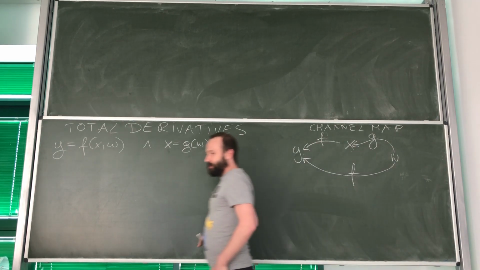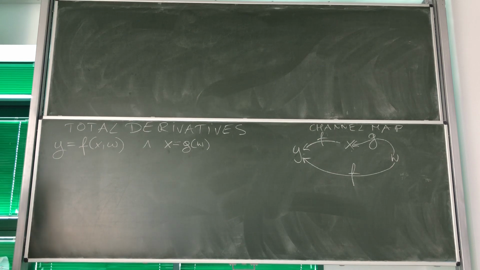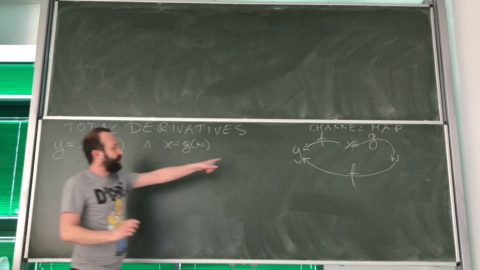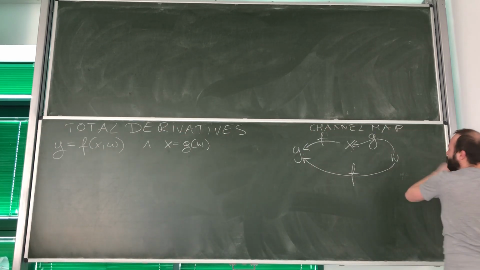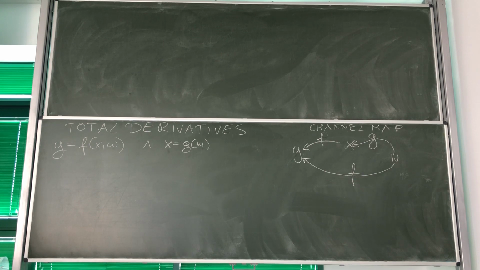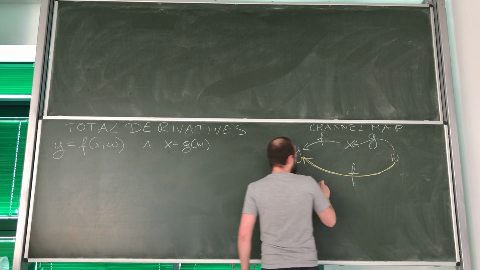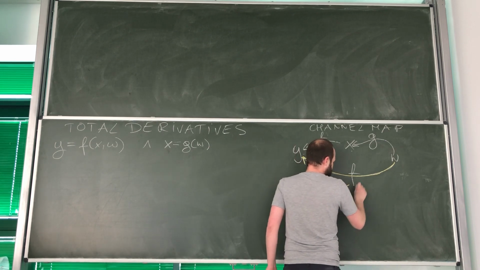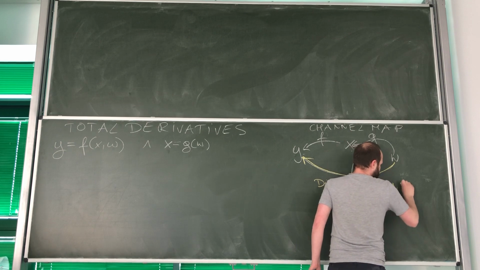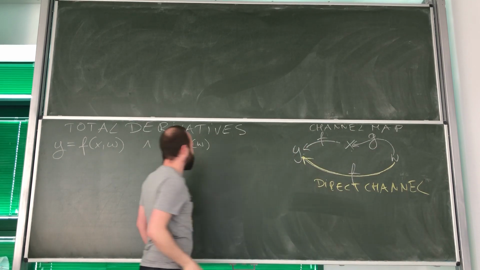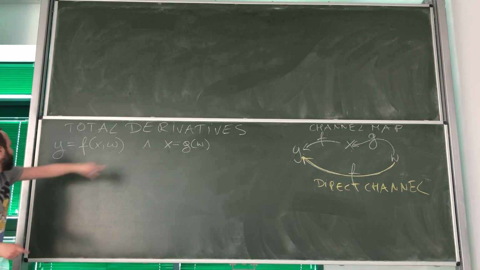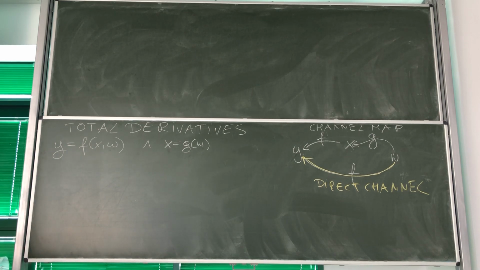So this is why we call this a channel map, because we see different ways in which, in this case, solely w influences y. How? We can say that we've got two channels. The first one we would call the direct channel. And we see that through the direct channel, through function f, w impacts y.